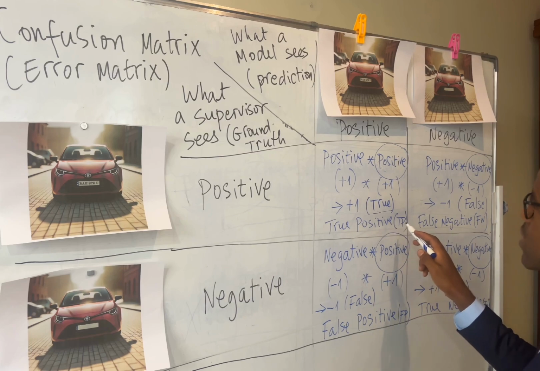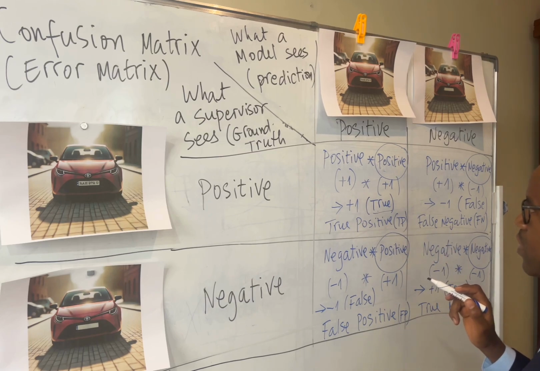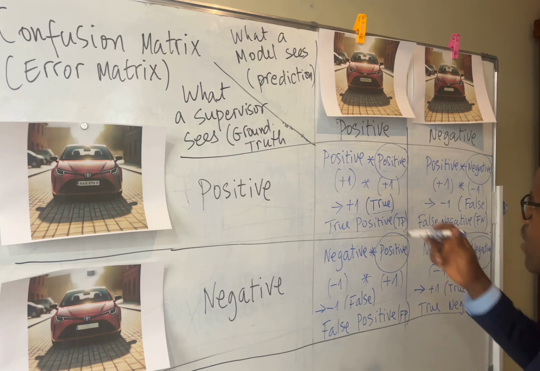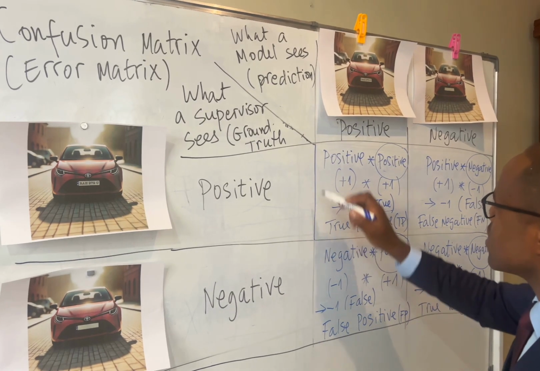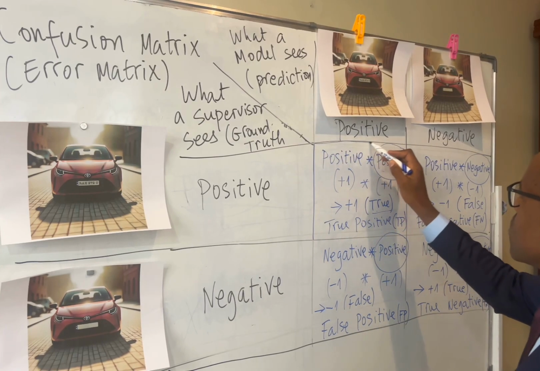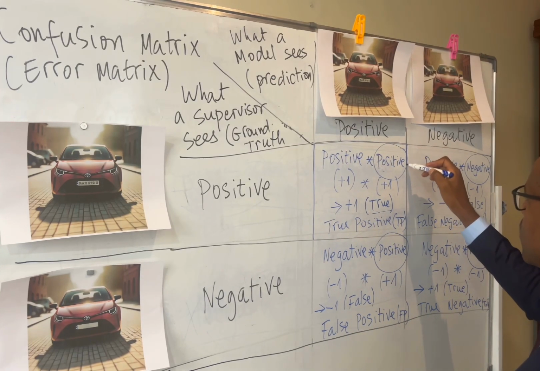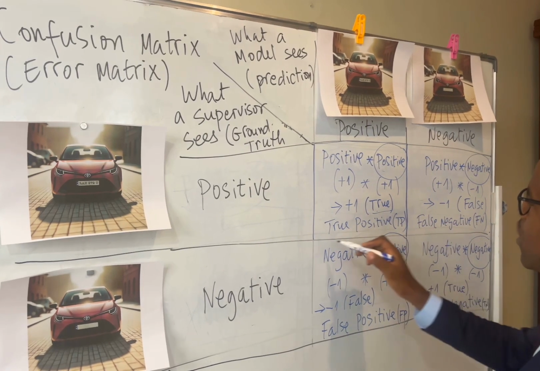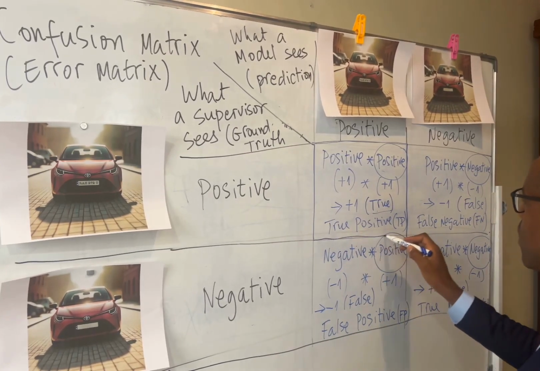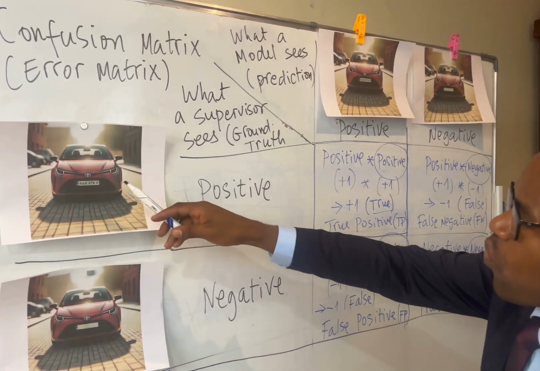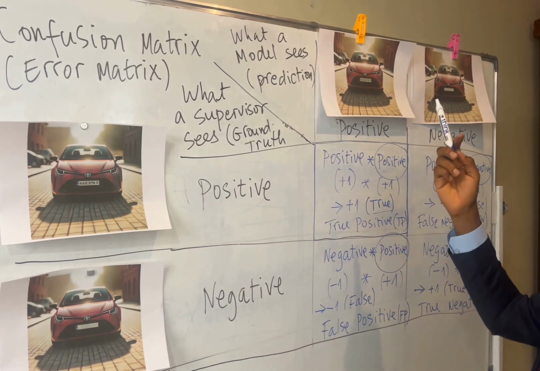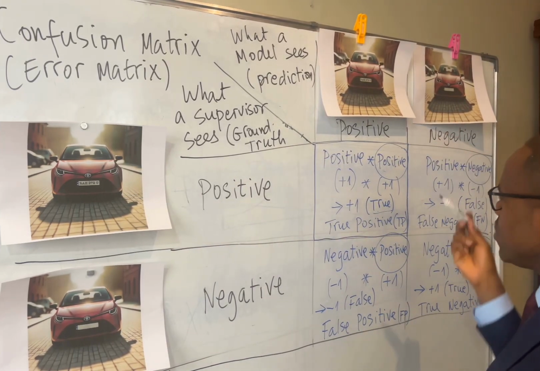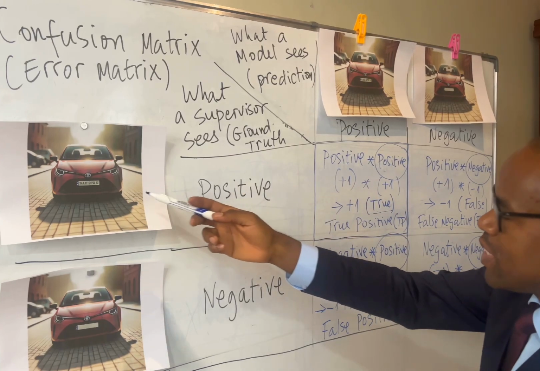True positive is what we desire to have; that's what every one of us desires, because we have a number and we want the model to see the number as we see it.